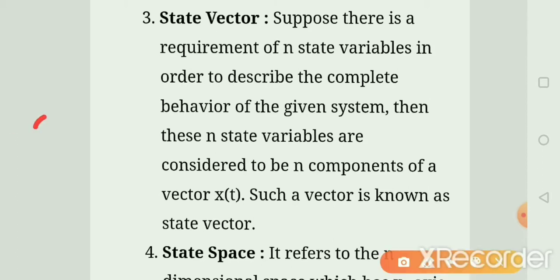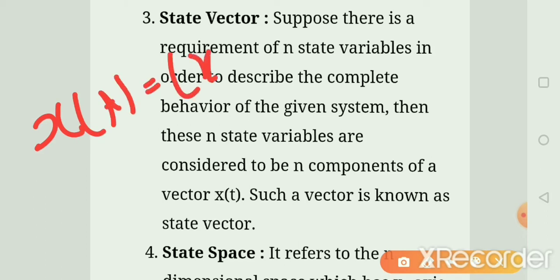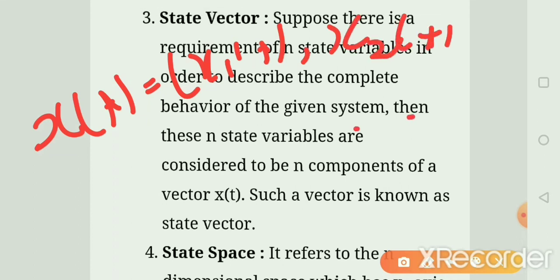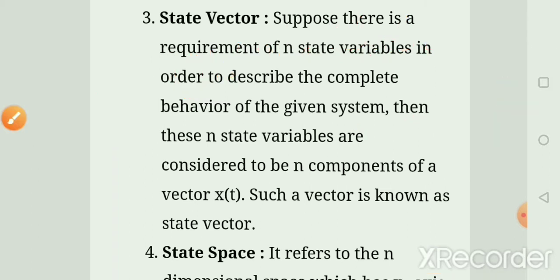Here we denote it as x(t) equal to x1(t), x2(t) and so on up to xn(t). It means the vector is represented in a matrix algebra form, so we have a vector having n components for the state analysis.